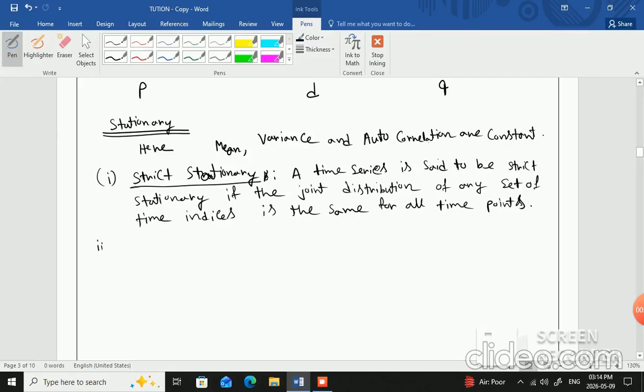Number 2, weak stationary, that is also known as second order stationary.